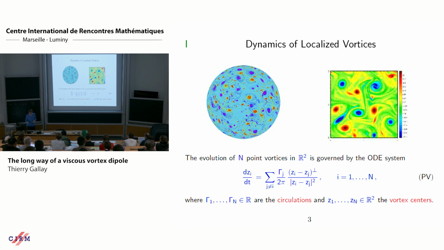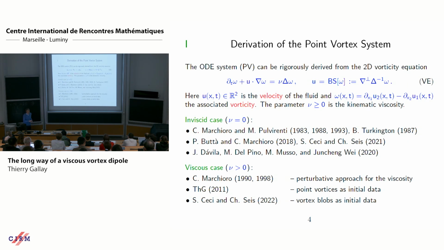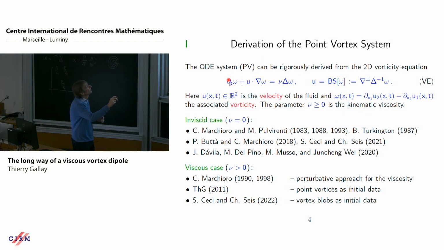Okay. Now, this is the point vortex system. This is just one slide about the relation between the point vortex system on the one hand and the fundamental equation of fluid motion. This will deserve more than one slide, by the way, but this is just to have something here. So this is the two-dimensional vorticity equation, okay. The two-dimensional fluid is given by a velocity field u in R2.